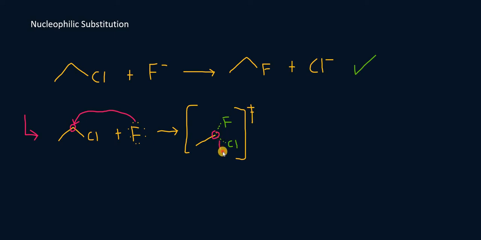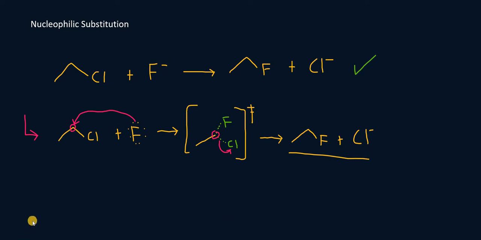But the Cl will break off, and the electrons from that bond are going to go onto the Cl. And so eventually, when the Cl breaks off, the F will stay bonded, and the F will end up replacing the Cl on this carbon. And this will give you your products of that reaction.